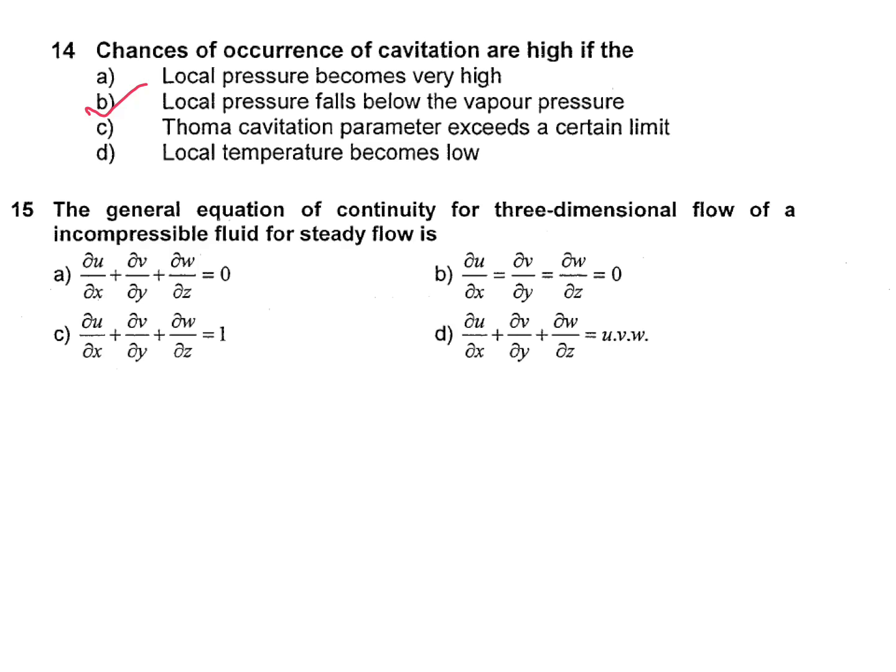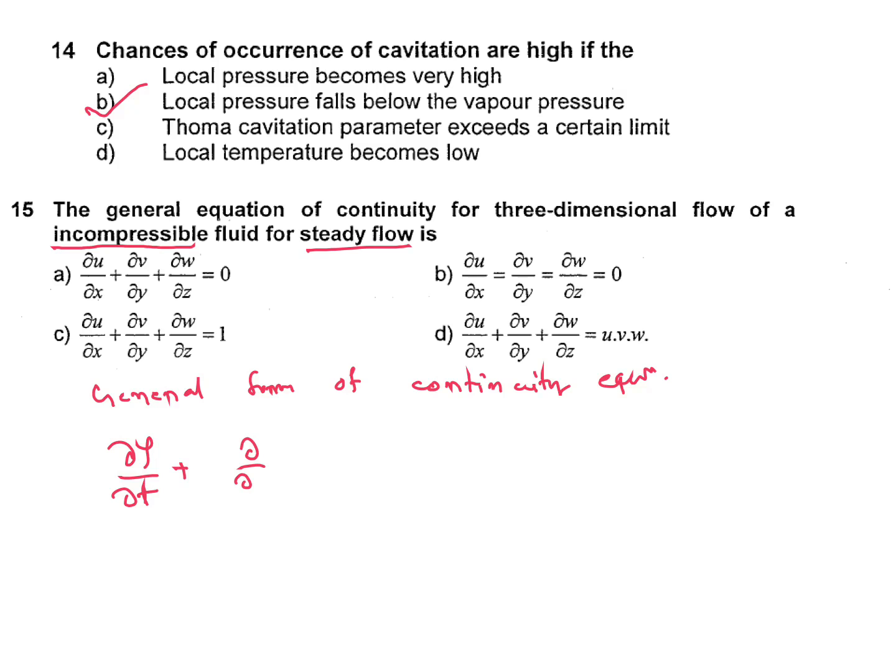We know the general form of continuity equation is del rho by del t plus del by del x of rho u plus del by del y of rho v plus del by del z of rho w equal to 0. This is the general form of continuity equation.